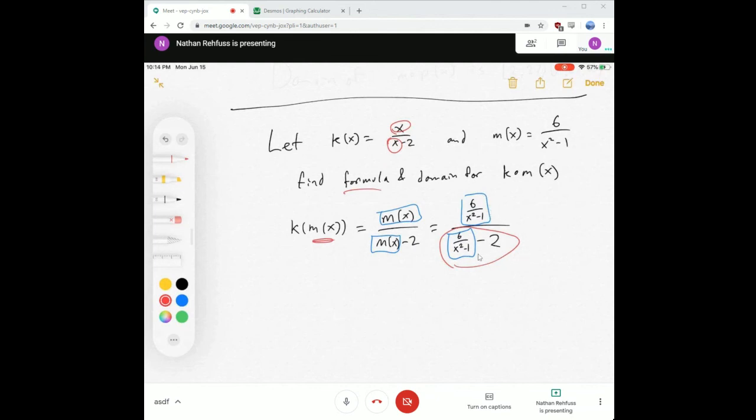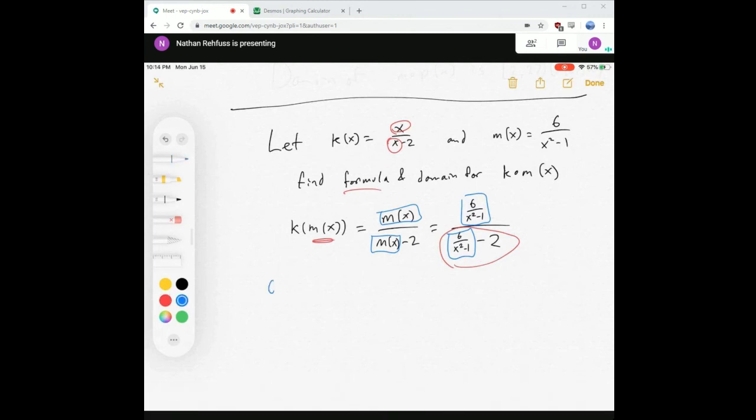I'm going to take 6 over x squared minus 1 minus 2, and get a common denominator. So this is 6 minus 2 times x squared minus 1 over x squared minus 1. Capiche? That's a little better.